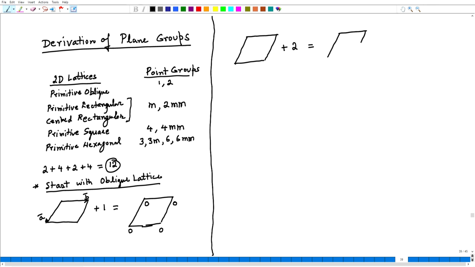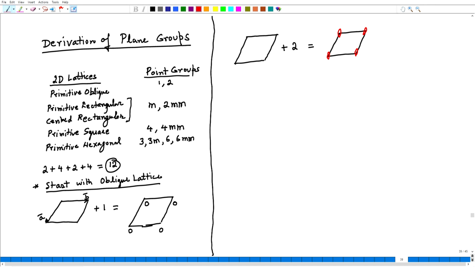We can say the lattice points are at the corners. So, I can add the two-fold rotations at the corner. I add it to one corner, translations will take this two-fold to all other corners.